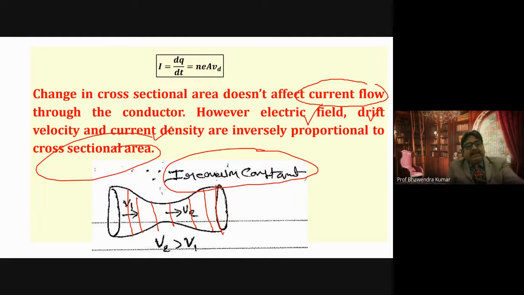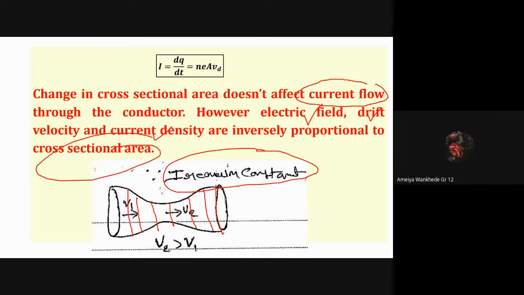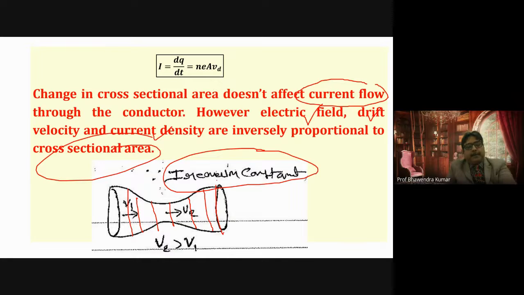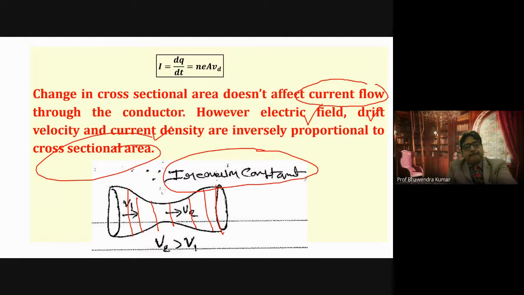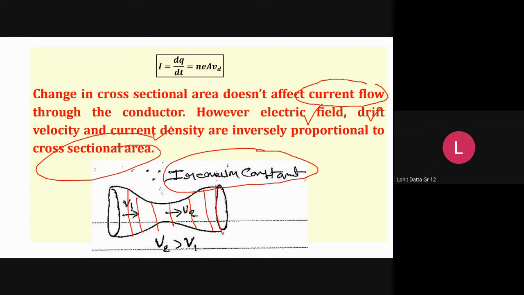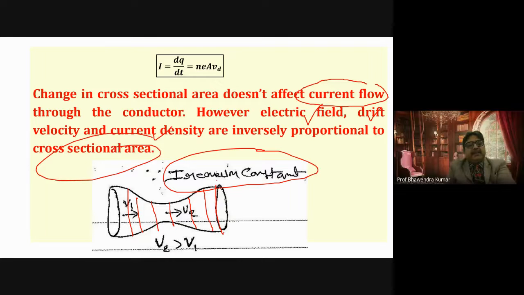Okay, Adi Sinha is there. Ameya Wankhede. Yes, sir. Harsh. Yes, sir. Kameshwaran. Present, sir. Lohit. Present, sir. Rohit C. Present, sir.